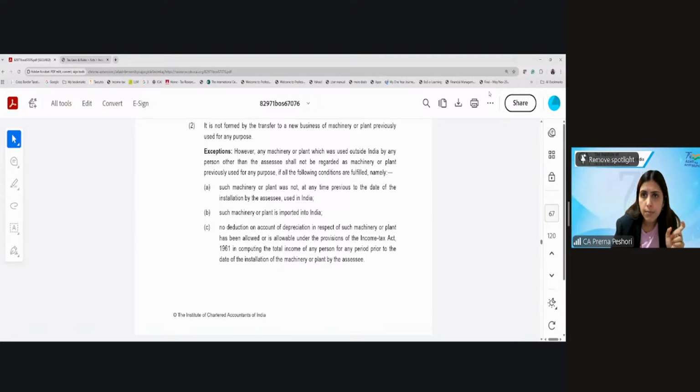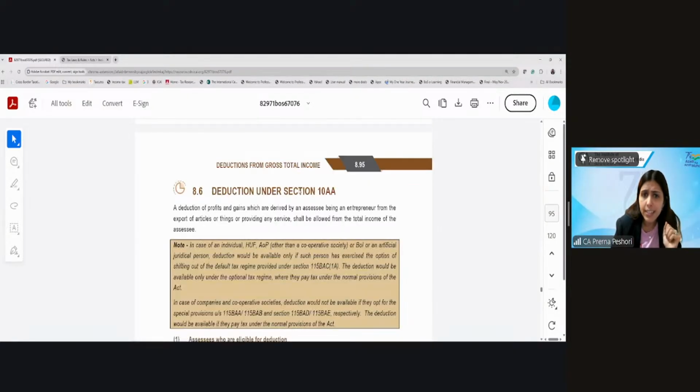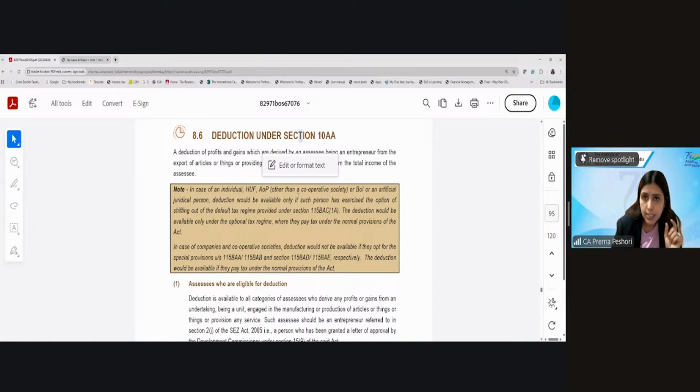Let us look at it. Deduction under 10AA. Now here again there is deduction of the profits and gains which are derived by an assessee being an entrepreneur from the export of articles or things or providing any services from an SEZ, which is basically a unit in SEZ.